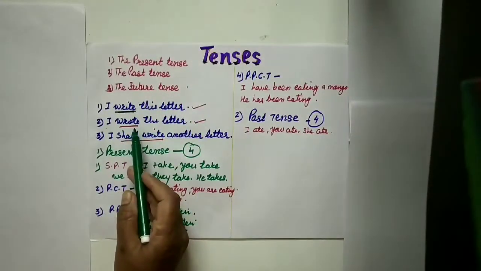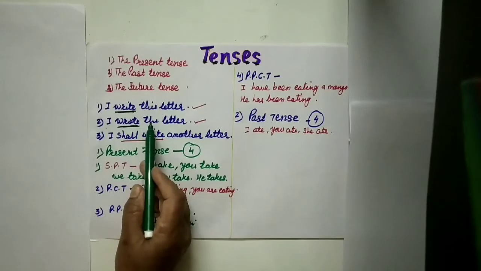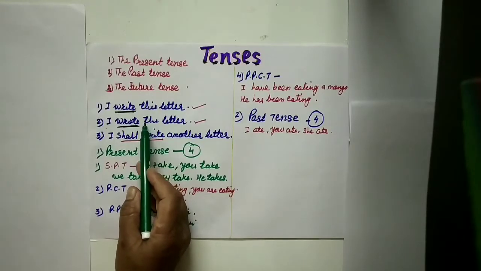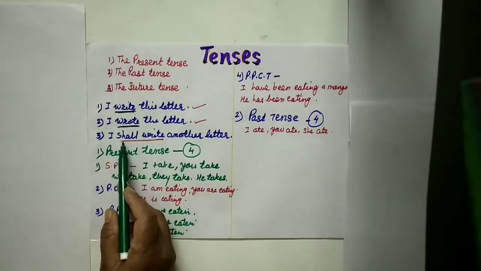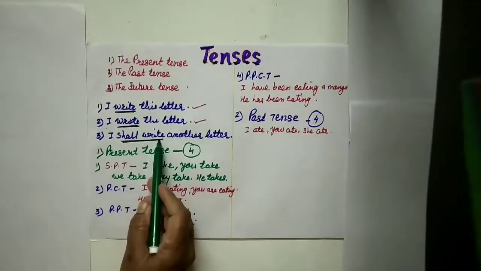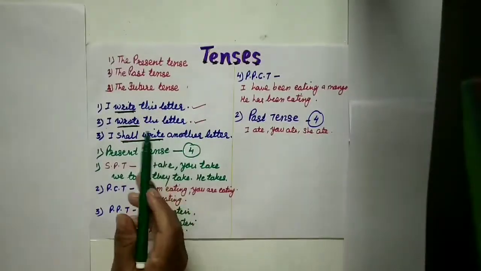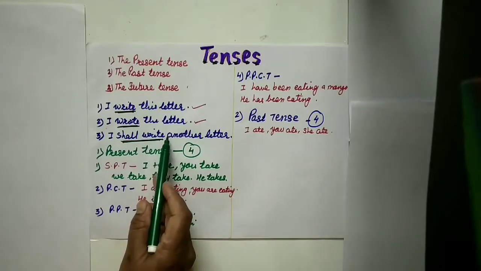In the second sentence, the verb wrote refers to the past time. So it is said to be in the past tense. And in the third sentence, the verb shall write refers to the future time. So it is said to be in the future tense.